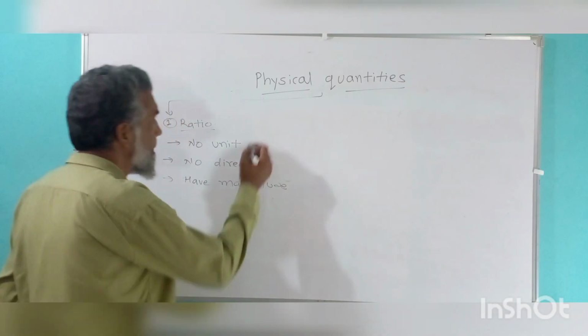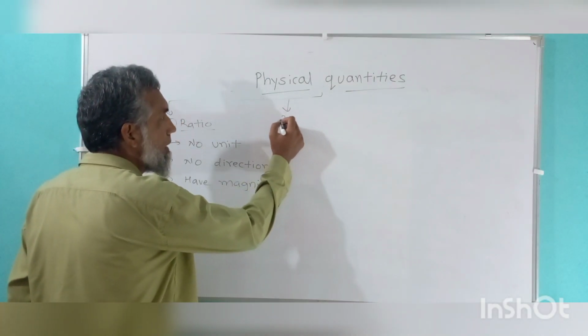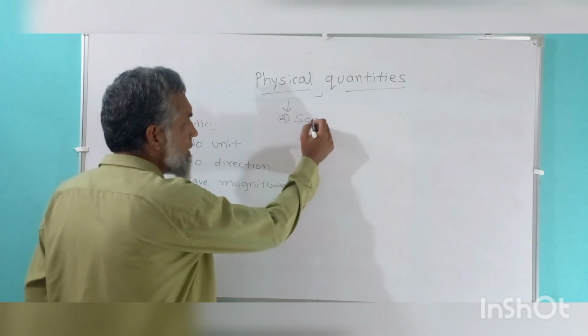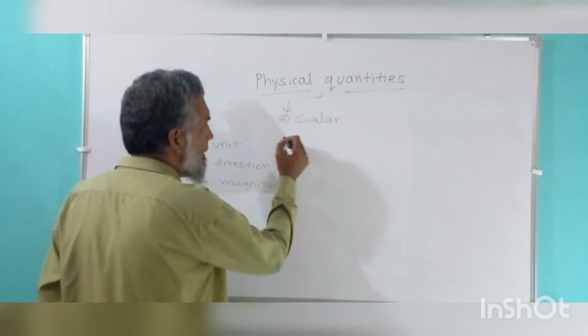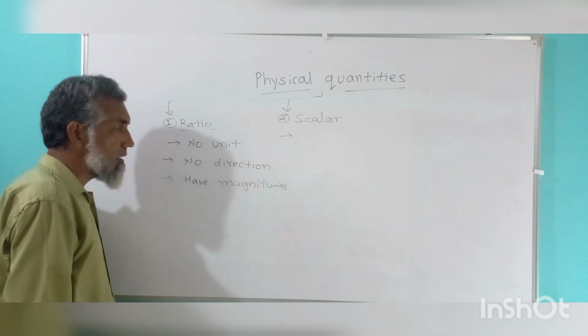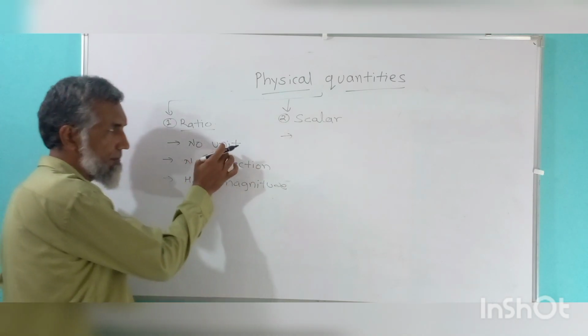Now the second type are scalar quantities. Scalar quantities, they have unit.